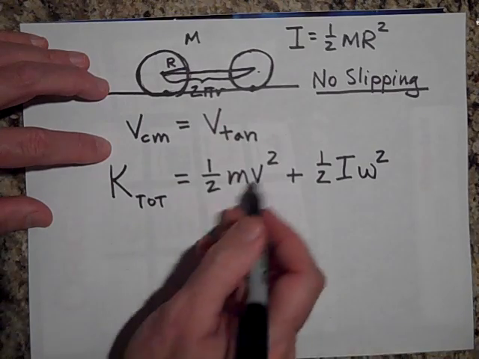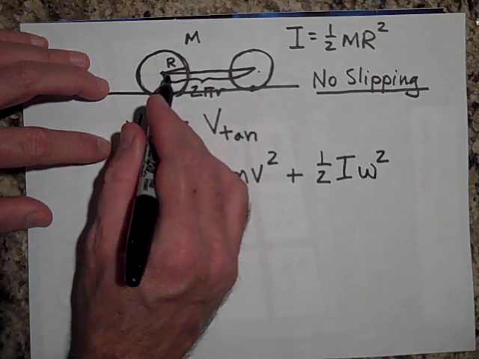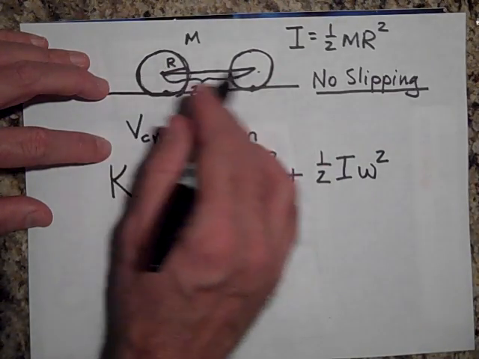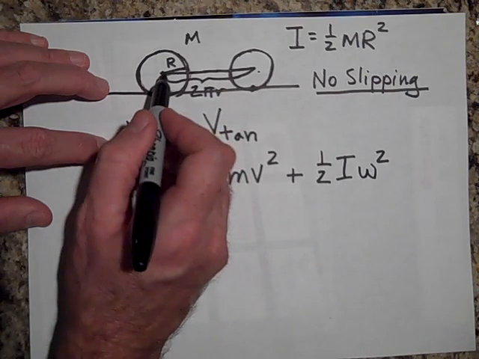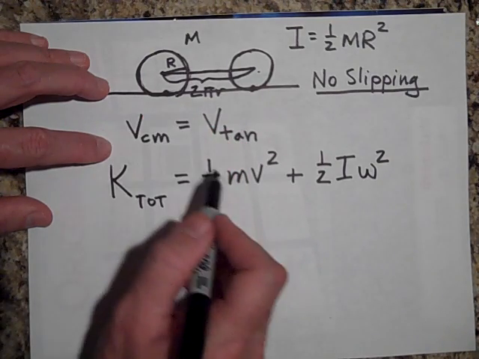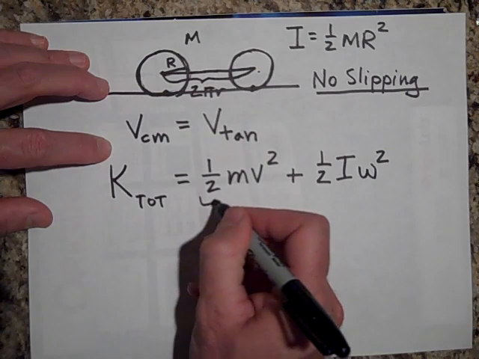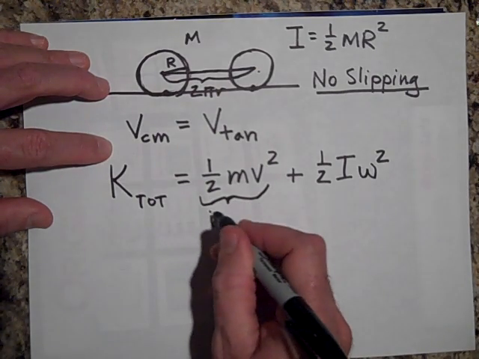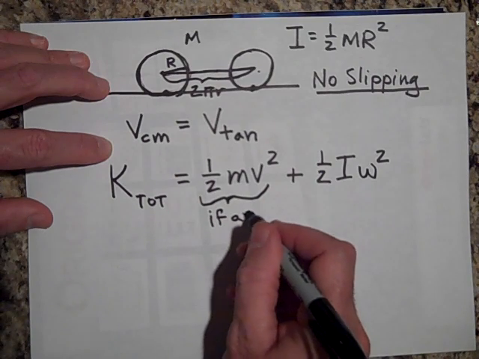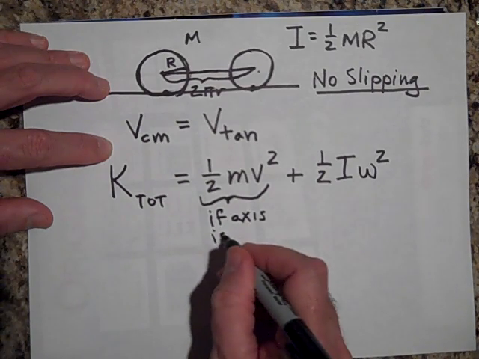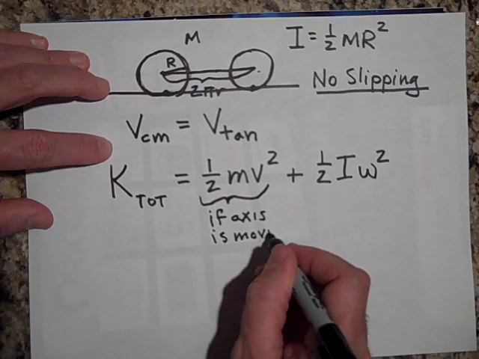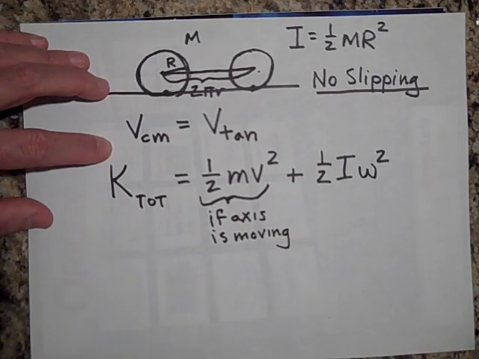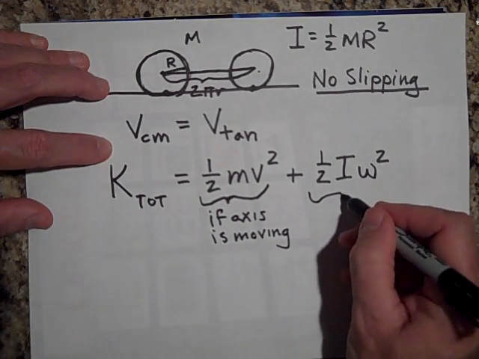It's got 1/2 mv squared because the whole thing is moving on down the way. So if the axis is moving, then you must have this term. And then you have to have this term if there's rotation.